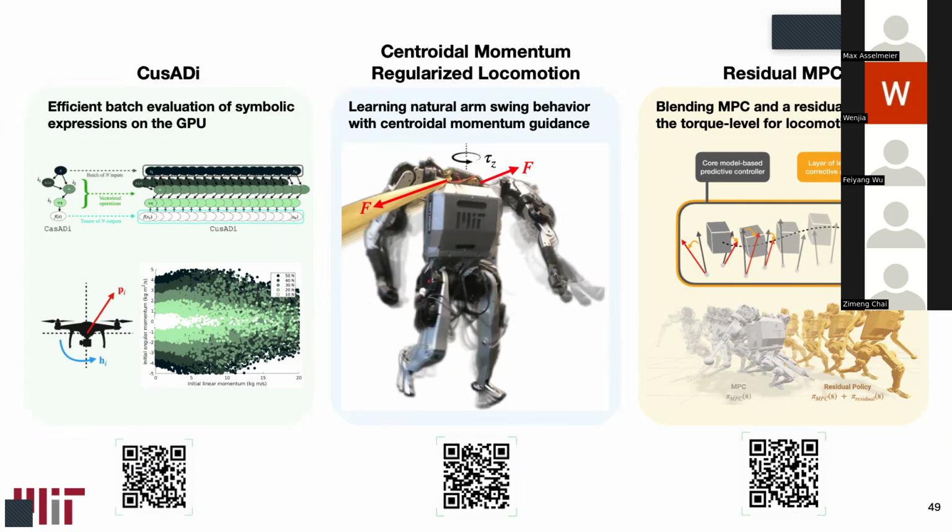Oh, yes, I think it's for me. I'll just read it. Is this approach applicable to the running case with an aerial phase? The CAM will be harder to regulate, I guess. In this work, we specify the contact schedule to be always in contact. We don't really have an aerial phase.